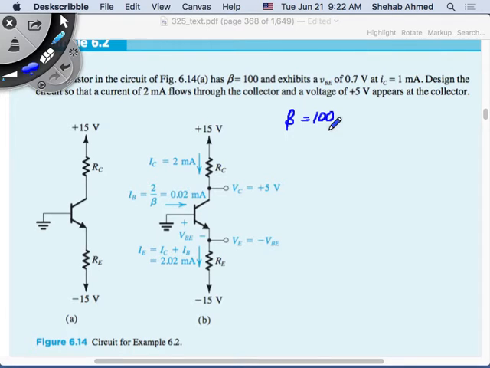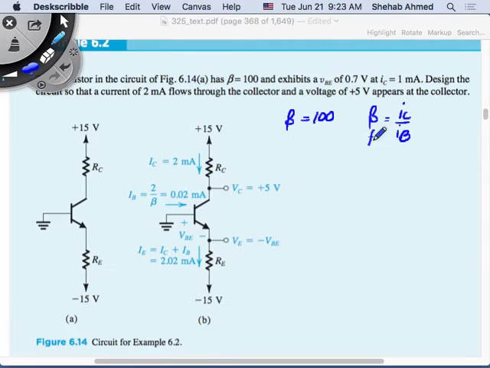So it's a quote unquote constant, because we said it varies a lot. It's quote unquote constant in active mode, but it changes continuously in saturation mode. But by definition, beta is still IC over IB, the collector current over the base current. But when we are into saturation, we called it beta forced yesterday, right?